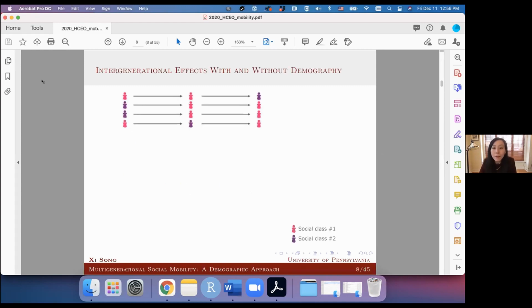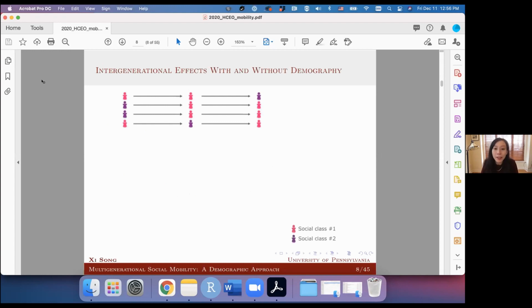So think of this as our traditional view of studying intergenerational mobility. And this problem becomes even more serious when we consider multiple generations.